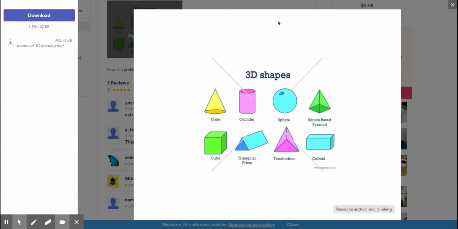So as the unit goes on a little bit, we'll be talking more about how to find area of three-dimensional shapes, getting into the proofs of how to prove the Pythagorean theorem.